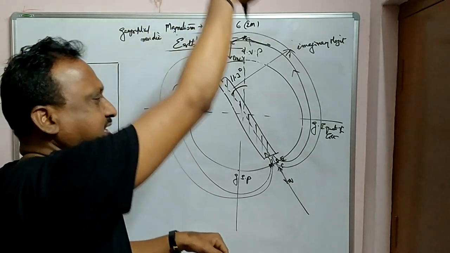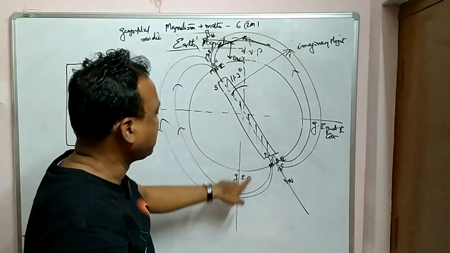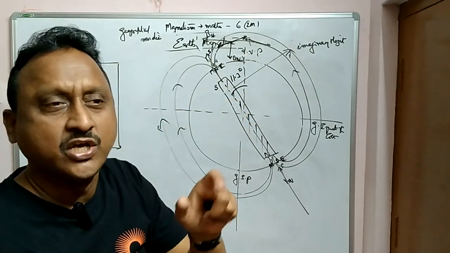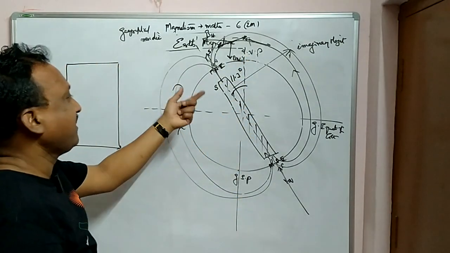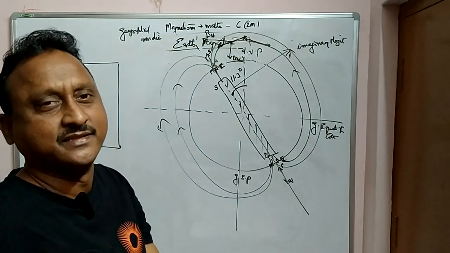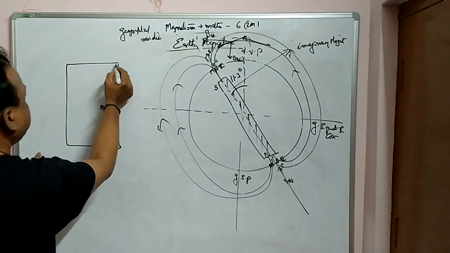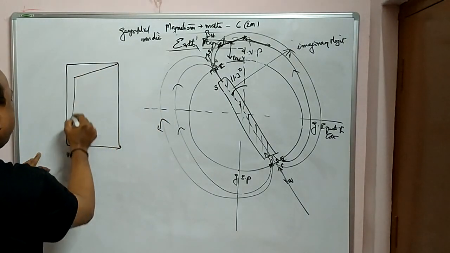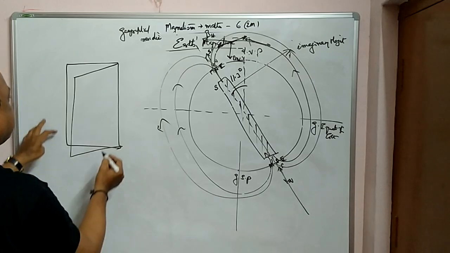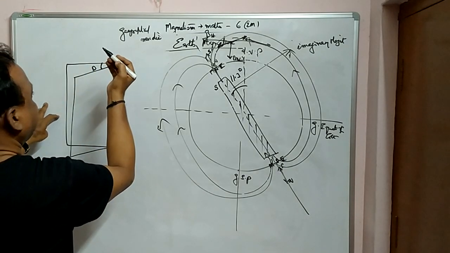A plane passing through the geographical poles, geographical north pole and geographical south pole, that is called as what? Geographical meridian. In the same way, a plane passing through magnetic poles of the earth is called as magnetic meridian. And if you observe carefully, there will be a small tilt between these two meridians. That angle is called as declination.